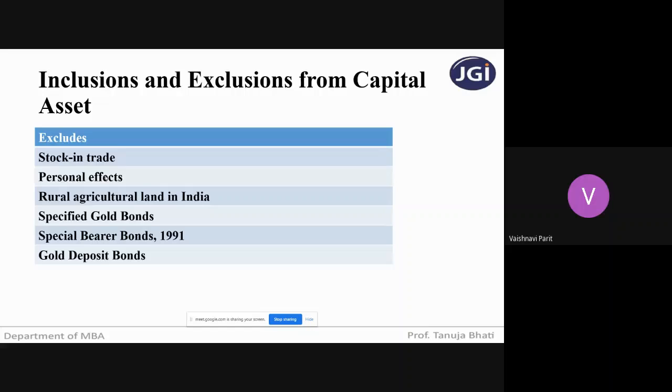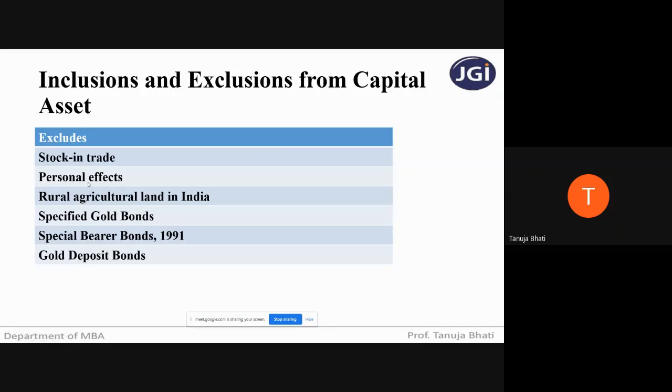No, ma'am. Excluded. Why is it excluded? Because it is a personal effect. It is movable, my clothes I can move, and it is used for the personal use of the assessee, and it is not covered in the exclusions, which are jewelry and any piece of art. So it is excluded. Very good.